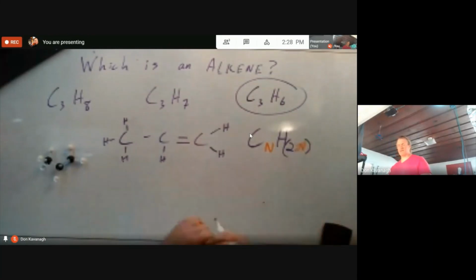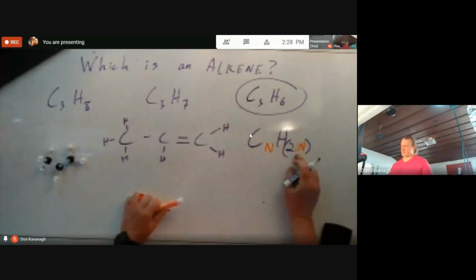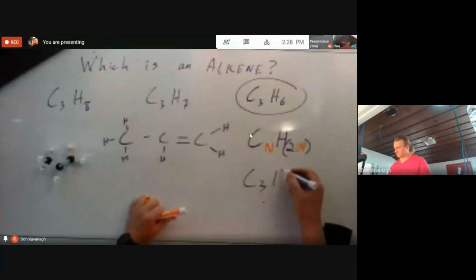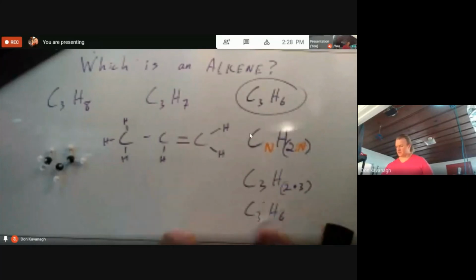We can calculate the number of hydrogens based on the number of carbons. So this is C3, and that is 2 times 3 equals 6. So C3H6. That's a double check.